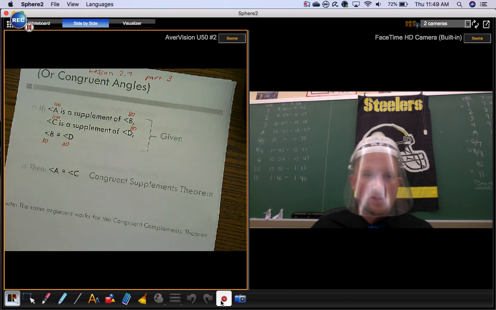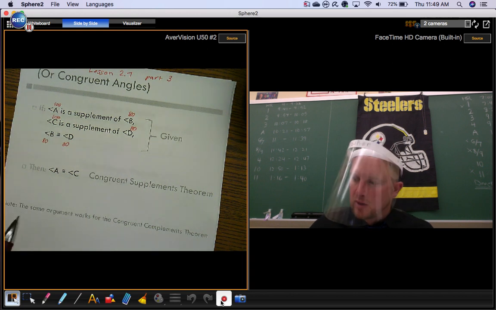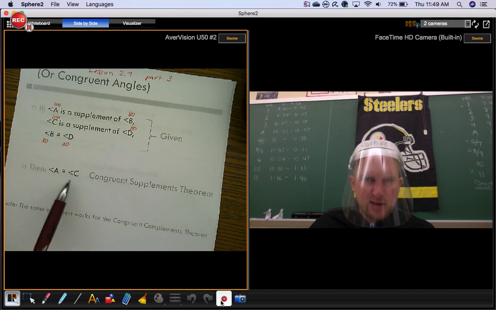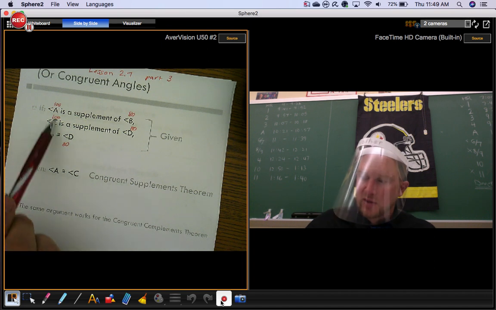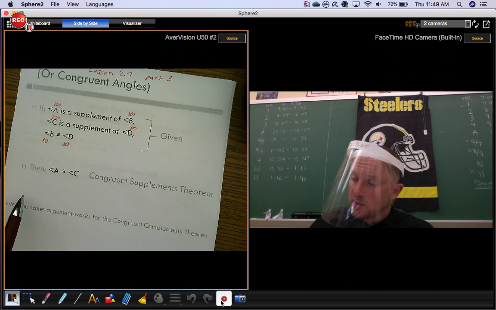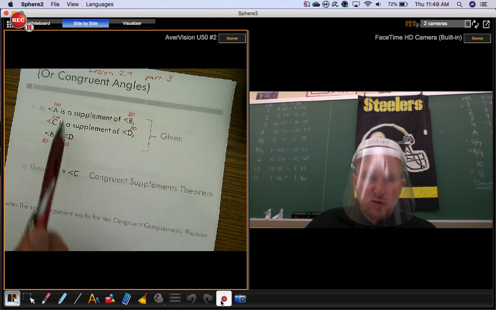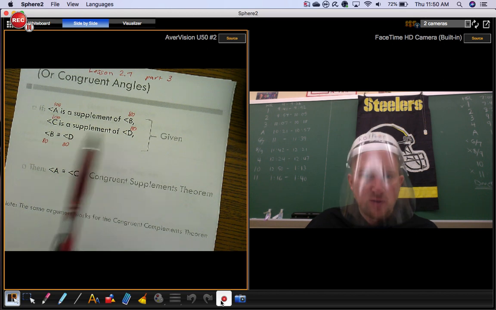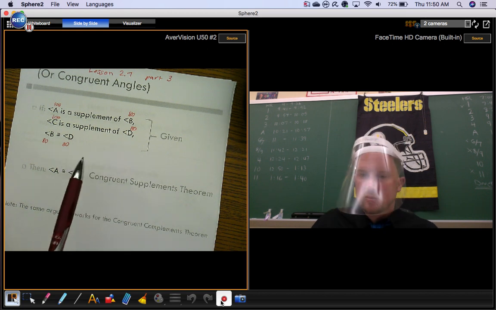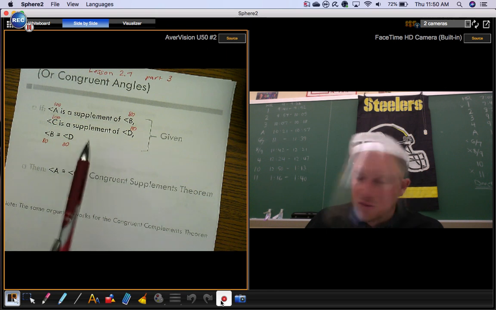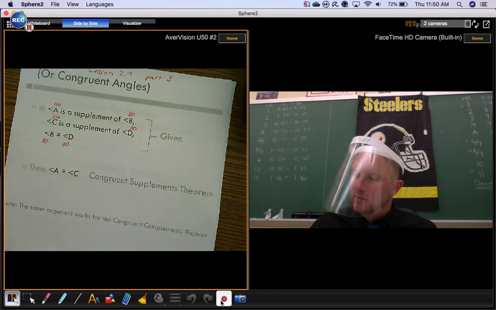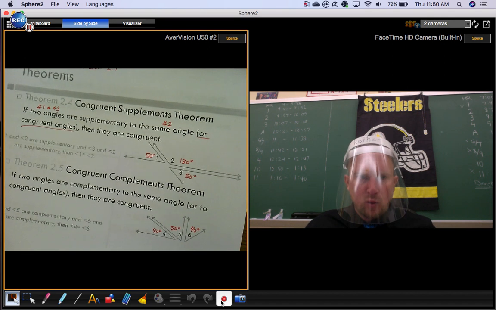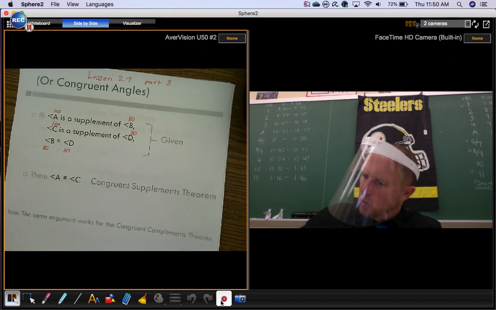That's angle A and angle C. They're both 100. Well, if you know all of this, what do you know about angle A and angle C? They're definitely congruent to each other. Now, I just showed that it works when angle B is 80. Well, it works for all cases too. That's why you would prove it, so you could see that it works for all cases. Okay, but that's what that means there. That's the "or congruent angles" portion.